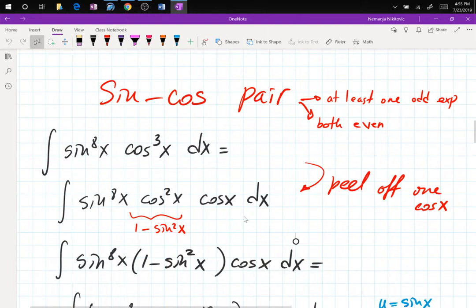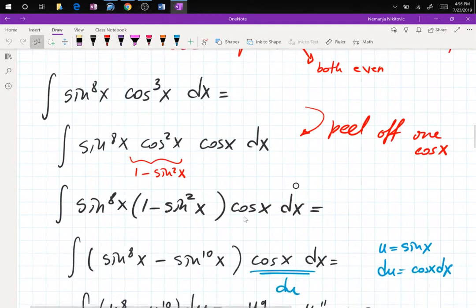One of those is to have both sine and cosine with even exponents, and that's the one that is scary, or both of them to have at least one to be odd.